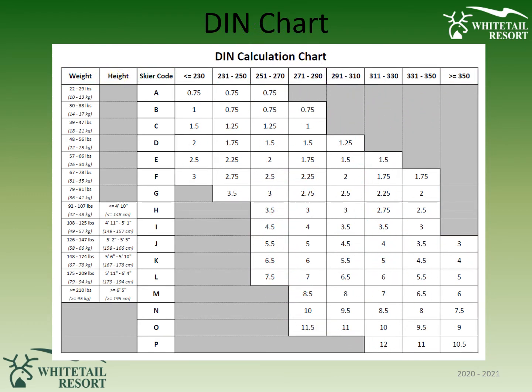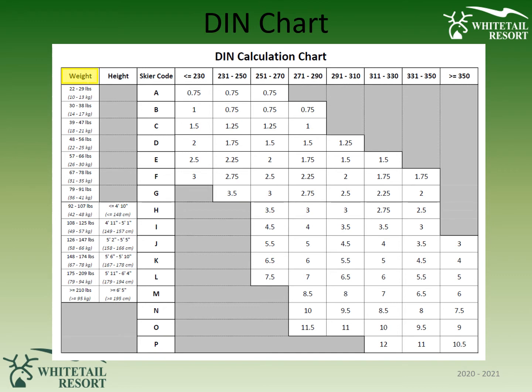We will now demonstrate how to use this chart to calculate the DIN. We will use a sample skier who weighs 140 pounds, is 5 foot 3 inches tall, is a Type 1 skier, who is 40 years old, and is wearing a boot with a 276 millimeter sole length.